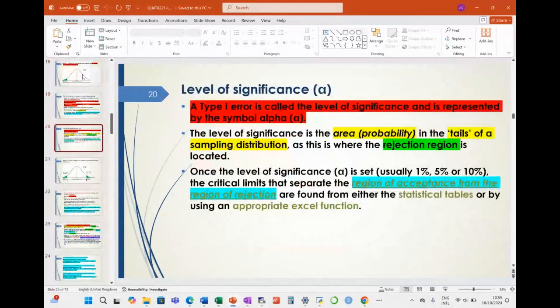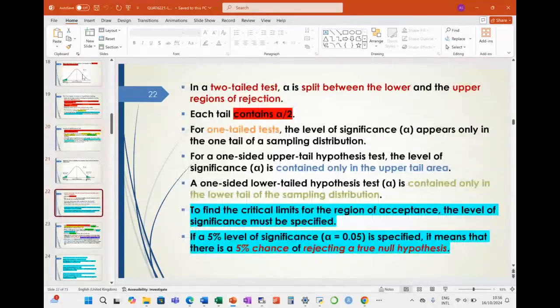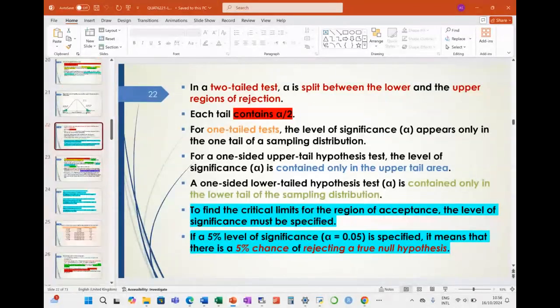Okay, so here now they're talking about the levels of confidence in relation to your type 1 and type 2 errors. Here they're showing you how you actually get your level of confidence. You divide it by 2 if it's a 2-tail, and this is something you read off of this table.